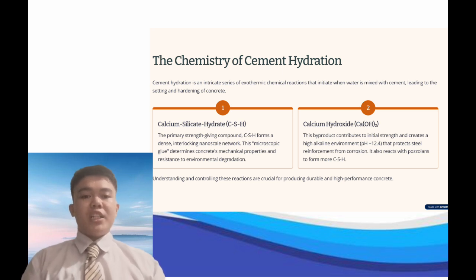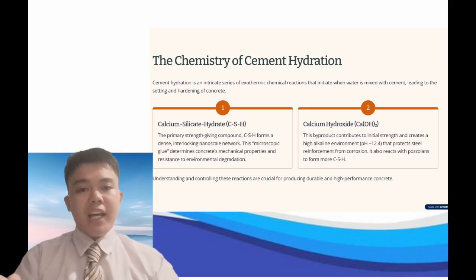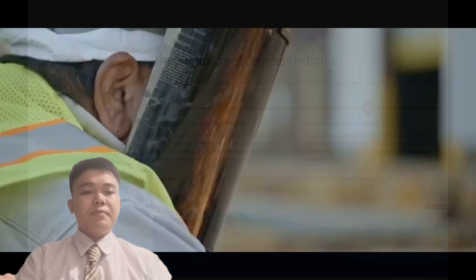The creation of calcium silicate hydrate provides the majority of concrete strength, hardness, and long-term durability by forming a dense, interlocking nanoscale network that holds particles together. While calcium hydroxide performs a dual role, it improves initial strength development, generates a highly alkaline environment that protects steel reinforcements, and reacts with pozzolans to generate more CSH gel for increased performance.